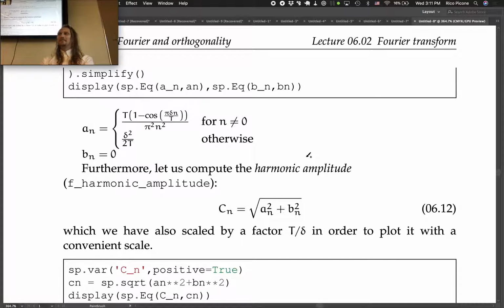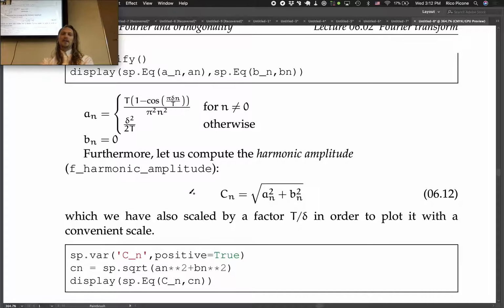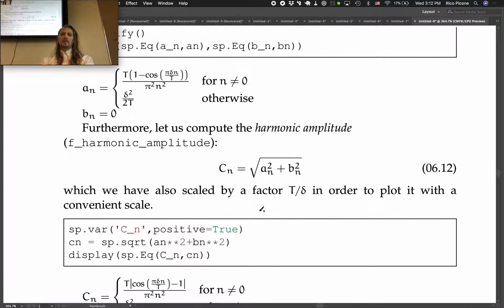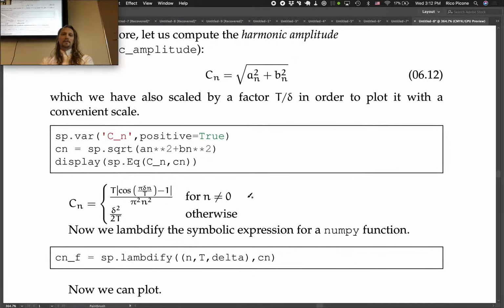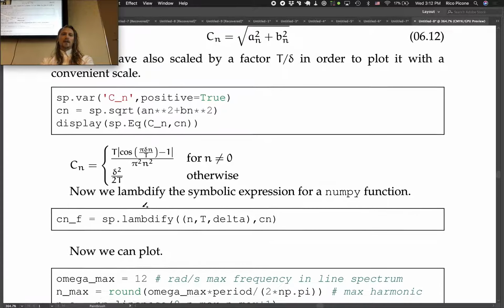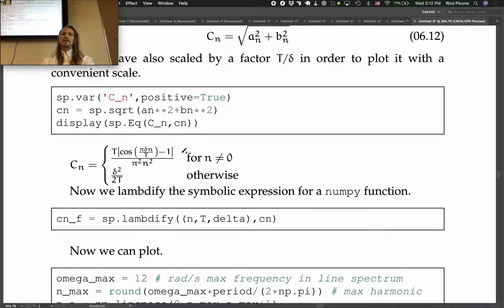So there's that. Okay, so let's compute the harmonic amplitude then from the previous formula, and we'll display it here. We get this absolute value coming in because we took the square root and squared things, so we get an absolute value.